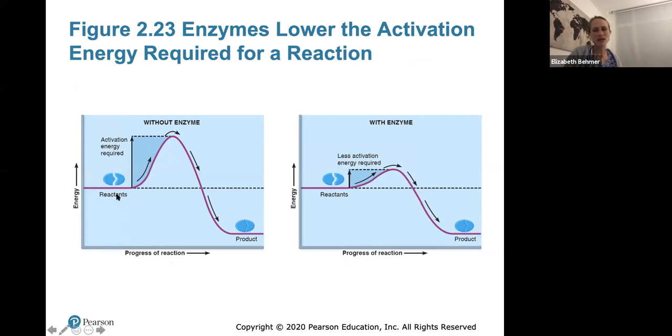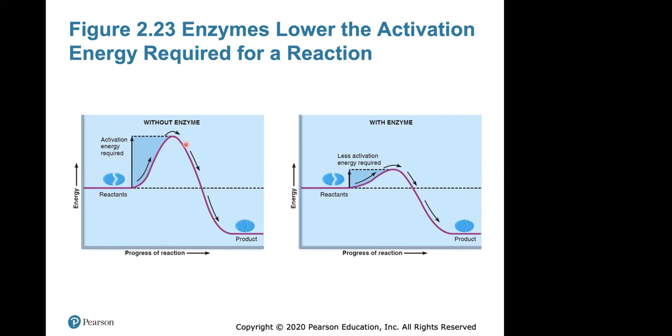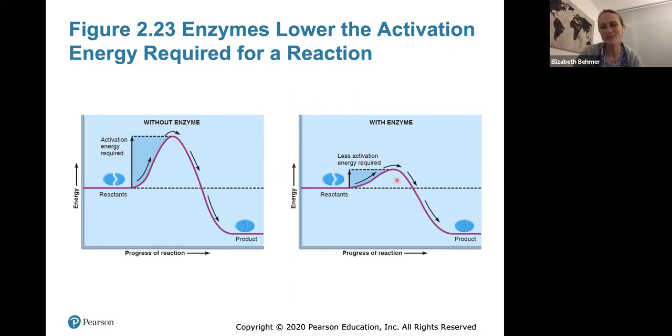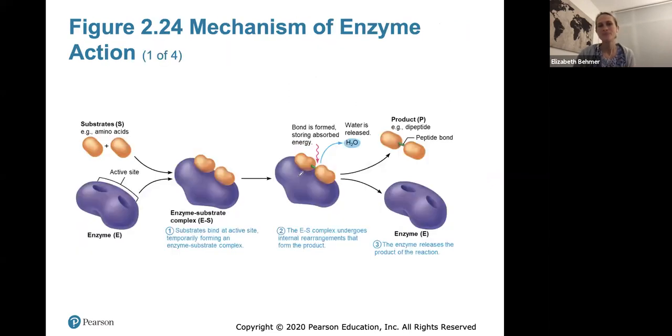So if we take a look at our reactants here, which are like our ingredients trying to form a product at the end, without an enzyme, your reactants have to kind of get up a lot of energy to get over this activation energy hump. With an enzyme, it just helps to lower the energy required for those reactants to become products. So enzymes are extremely helpful.